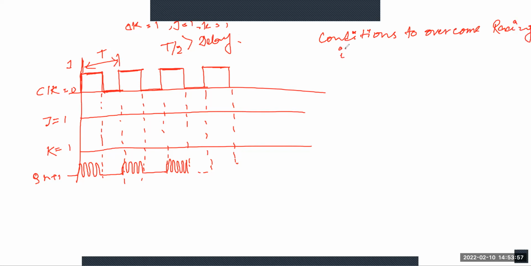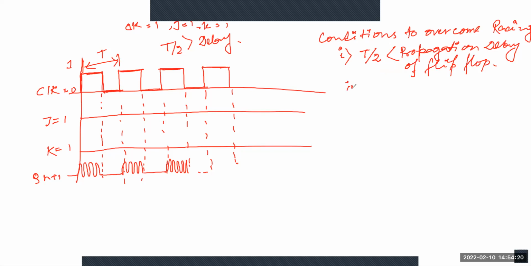First is T by 2 less than the propagation delay of the flip-flop. Second is edge triggering.